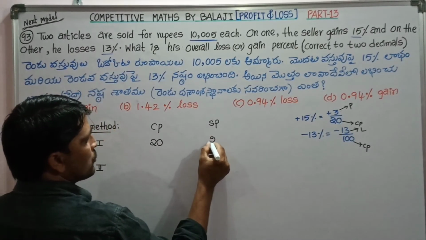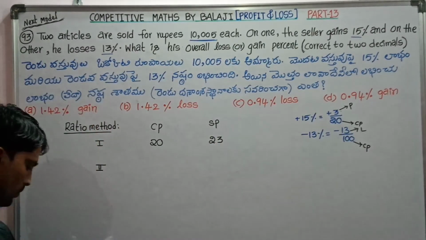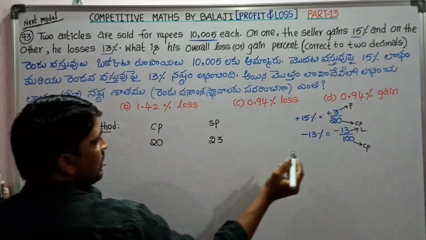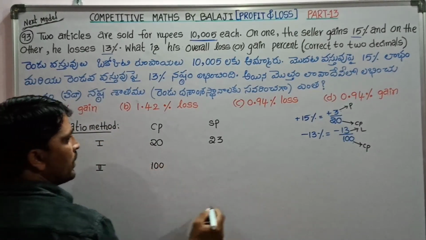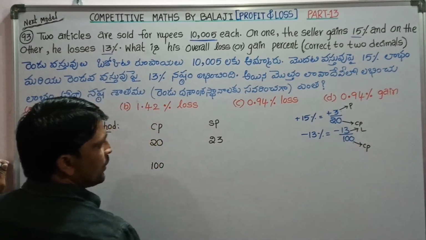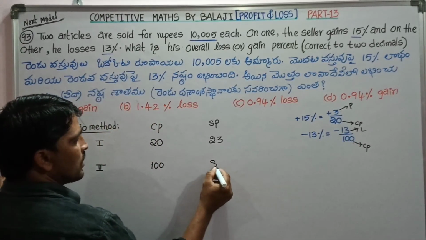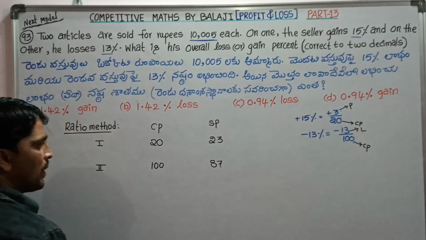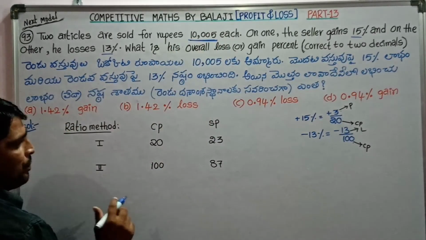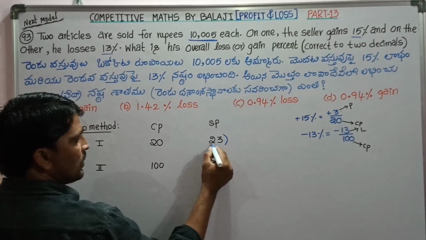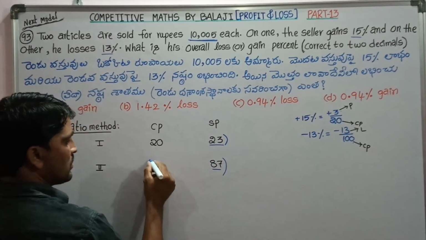So SP is 23. Now, cost price of second article is 100 units. Out of 100 units, we include 13 units loss. So that is 87 units selling price. But selling price of each article is same. So we have to equate these two selling prices.